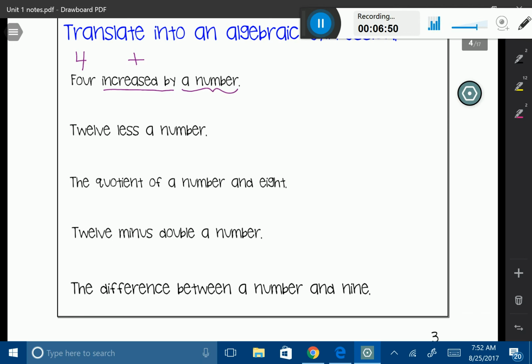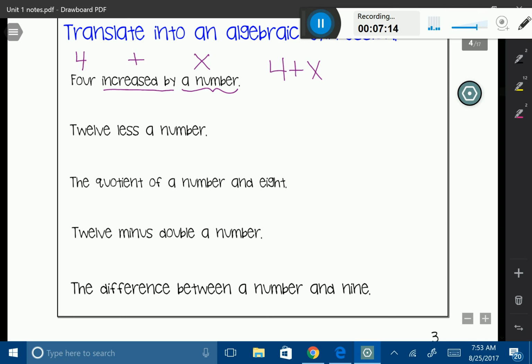So when we don't know what a number is, we can just call it a variable. And I'm going to use the variable x. Feel free to use any variable that you like. So what I did there was annotate it, and what it does is it yields the answer. So my expression, 4 increased by a number, is just going to be 4 plus x. You can see that my number 4 is being increased by the letter x.